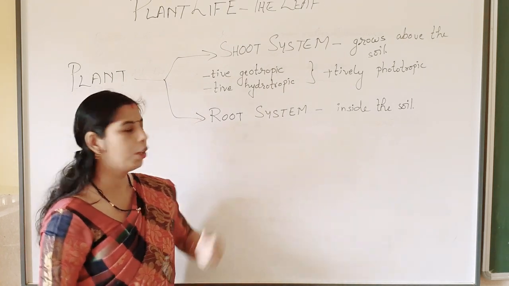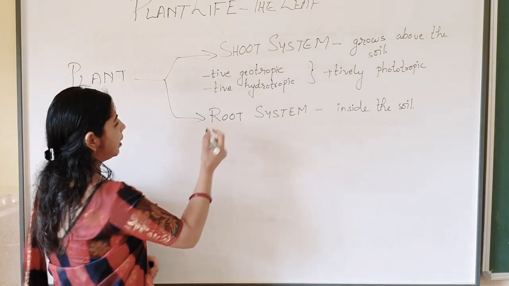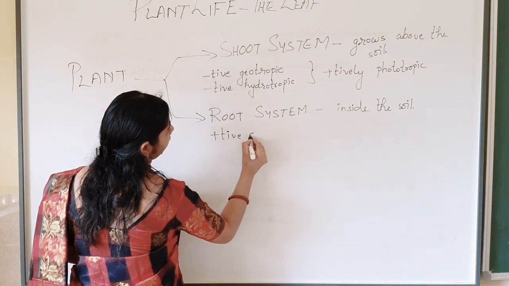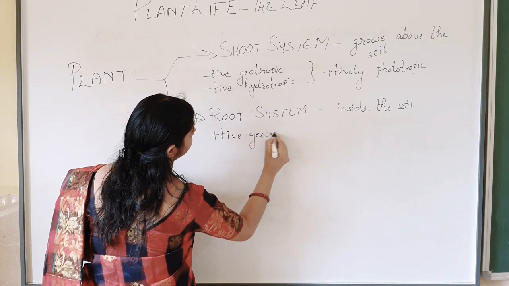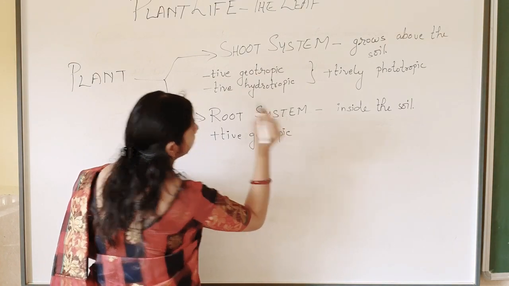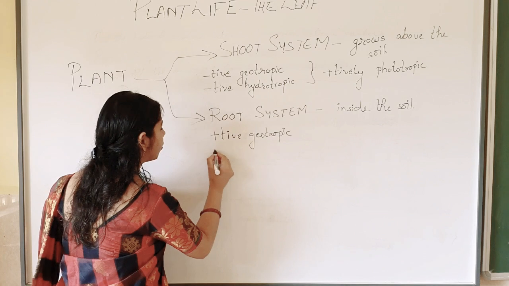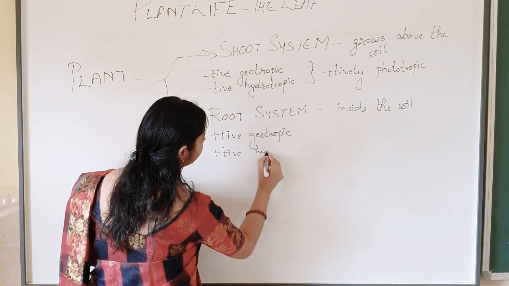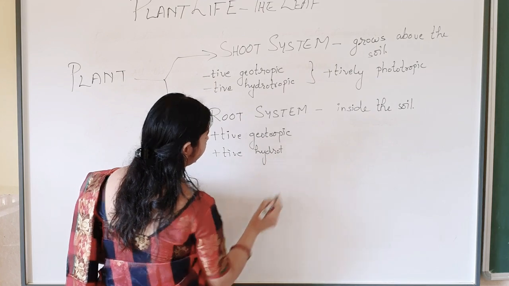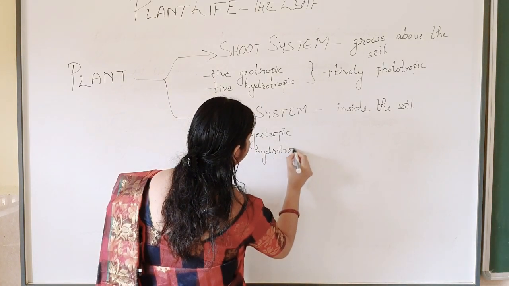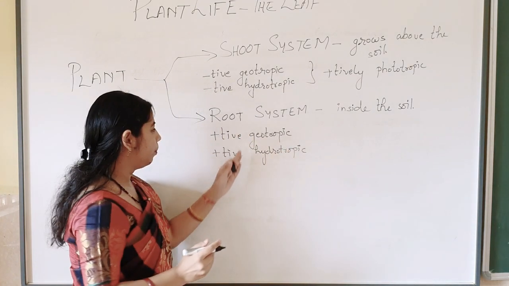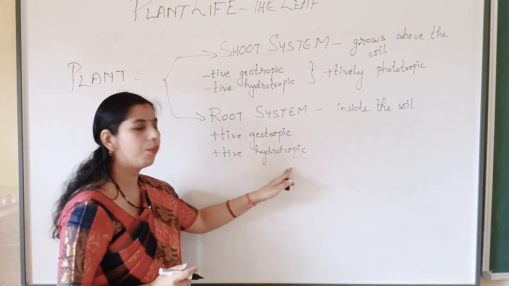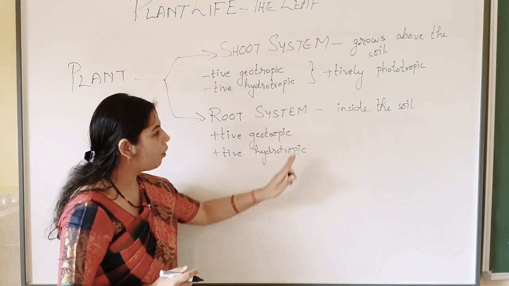Now come back to the root system. Root is positive geotropic. Root is also positive hydrotropic. That means root grows towards the soil and it also grows towards the water in search of water.